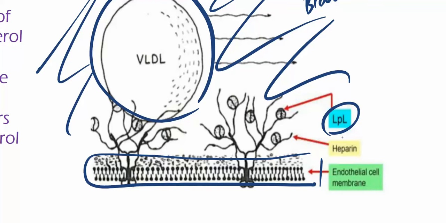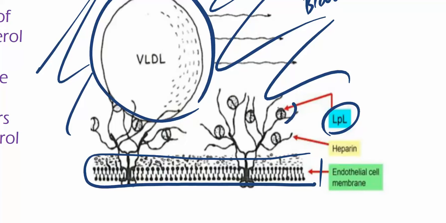Hormone sensitive lipase is only found with adipocytes. Now the tissues are going to have lipoprotein lipase. And specifically, this lipoprotein lipase is not inside the cell. So it's basically secreted, and is on the endothelium, right?